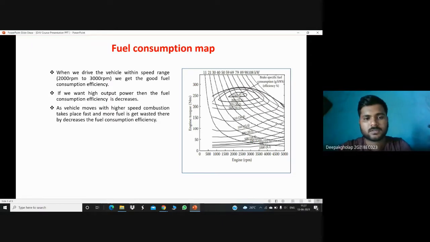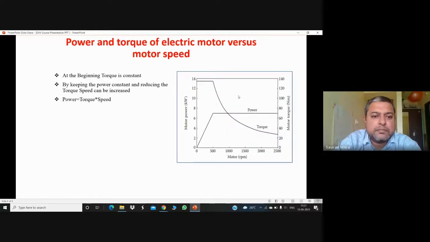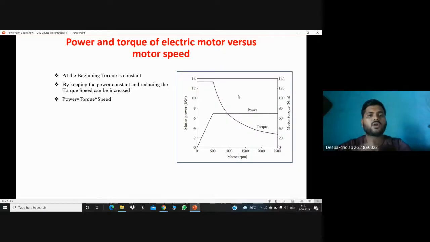Next slide. Power and torque of an electric motor versus motor speed characteristics. Here we are first discussing the torque characteristics. Initially, when the vehicle has just started and is moving slowly, the torque is high and the power is low.